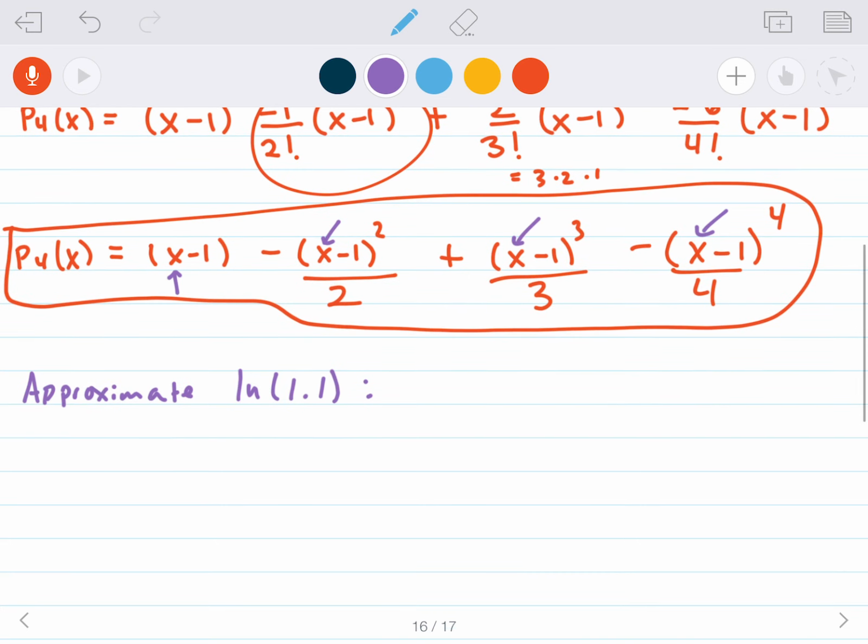I haven't computed this yet, but this would be a good exercise for you guys to do. So put 1.1 into this guy, see what that is, and then compare. So we have P4 of 1.1 equals something, and then compare that to the actual value.